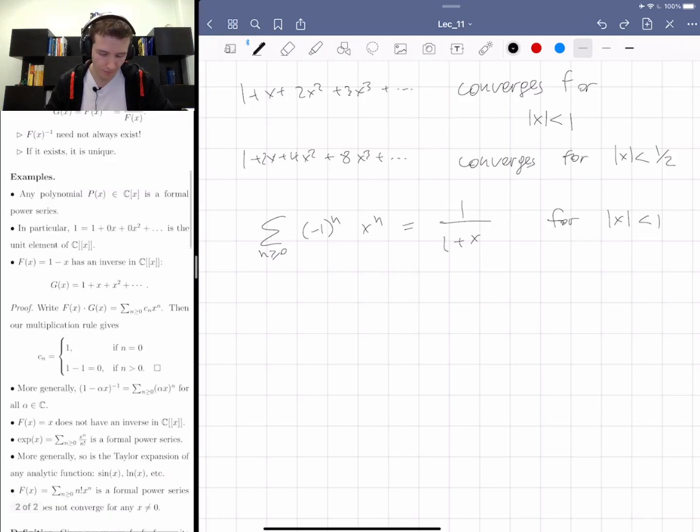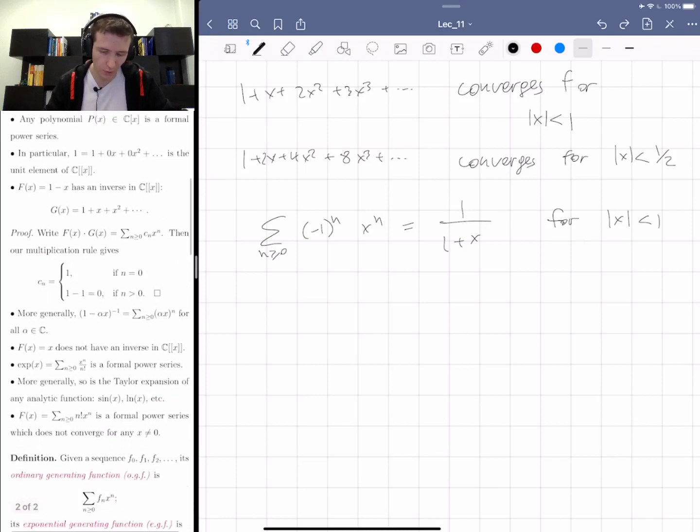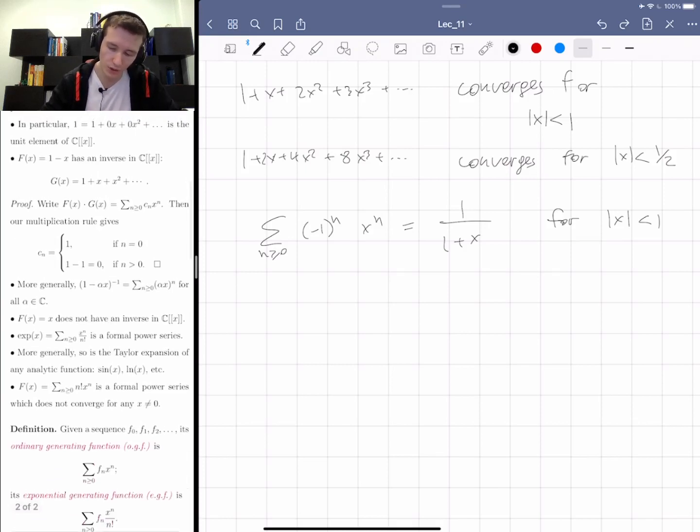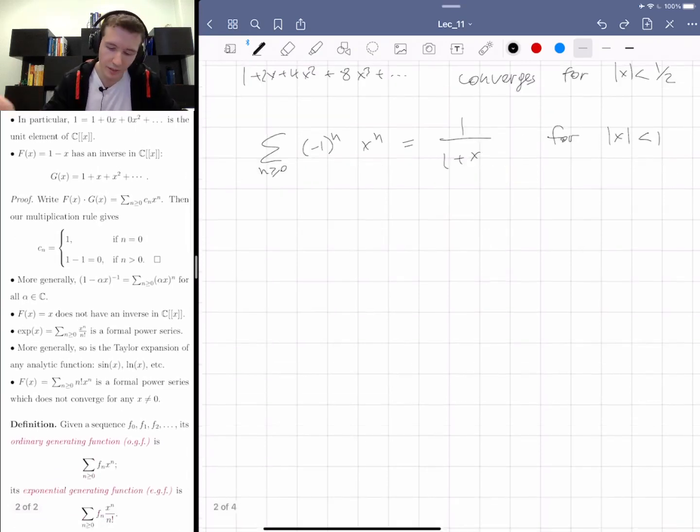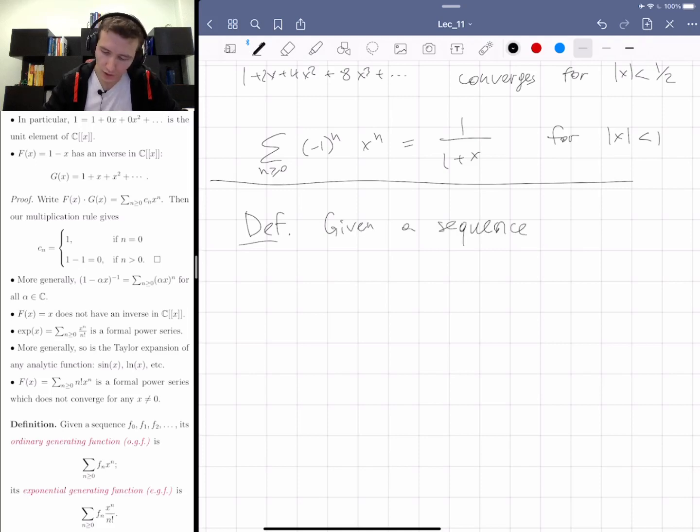So let's say I have a sequence of interesting numbers which I want to count somehow, maybe the Bell numbers or whatever, f0, f1, f2, etc. So I can do two things with it, and each of them is useful, and you gain by experience to figure out which one to take.